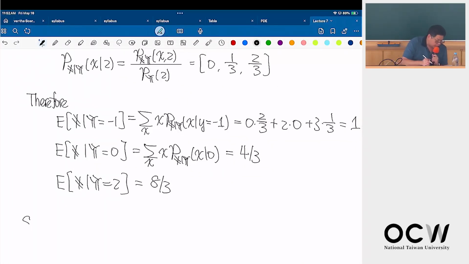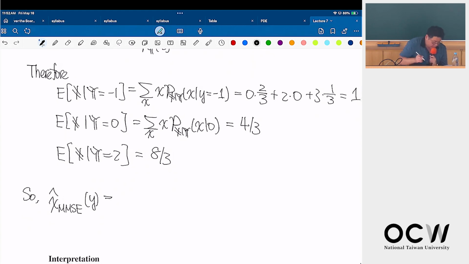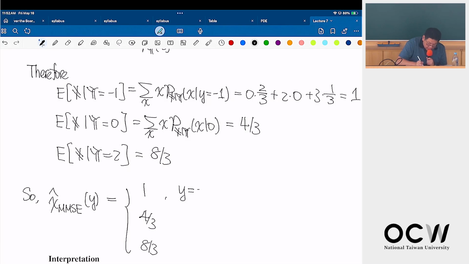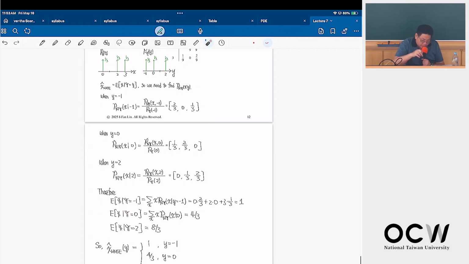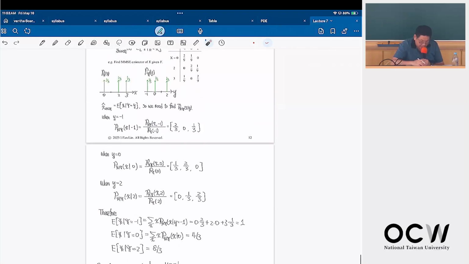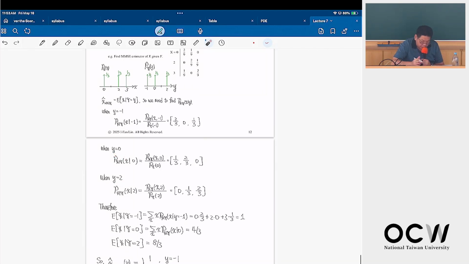So therefore, you can say that the minimum mean square error estimator of X is either 1, 4/3, or 8/3. When Y equals -1, it's 1. When Y equals 0, that's 4/3. And when Y equals 2, that's 8/3. Now let's see what that means.